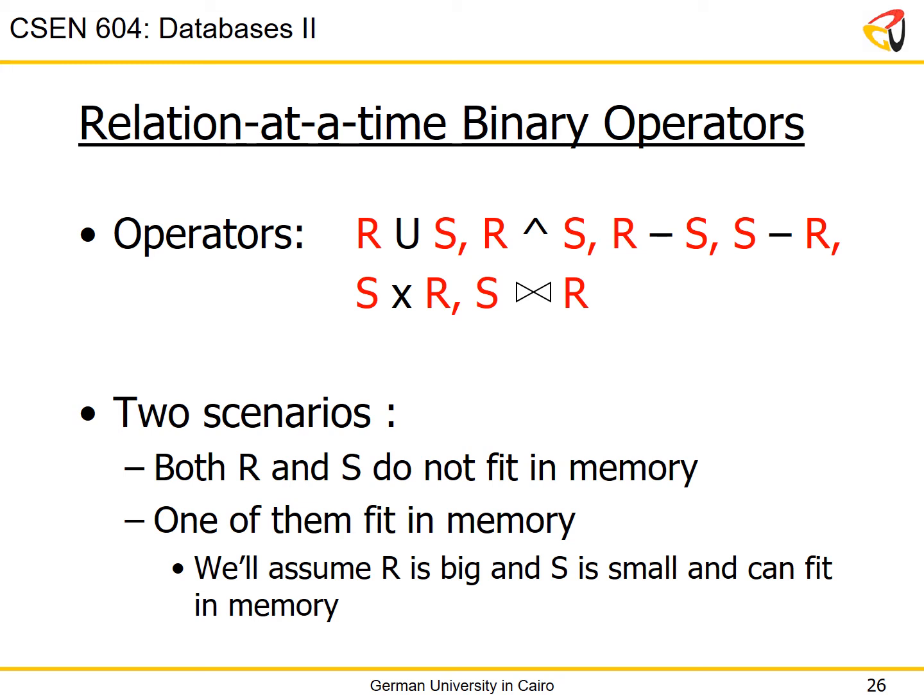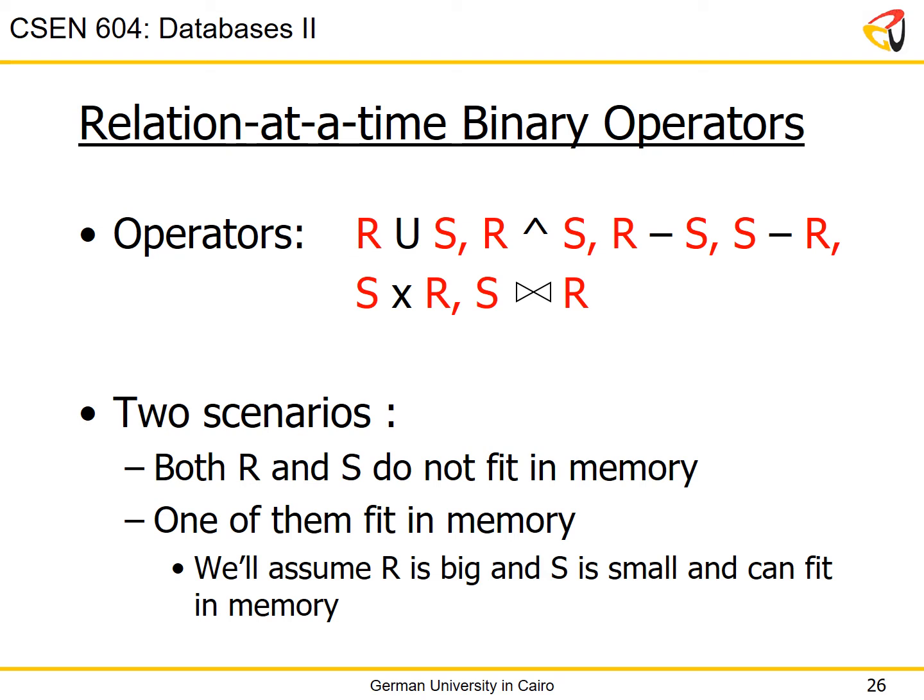Now you might ask, why are we talking about this second scenario, since the first scenario is the more general one? Well, if you remember from last lecture, we talked about the containment of values principle, which is related to the foreign and primary key issue. Usually when you work with two tables related using a foreign key and primary key, one of them will be small and the other one will be big.